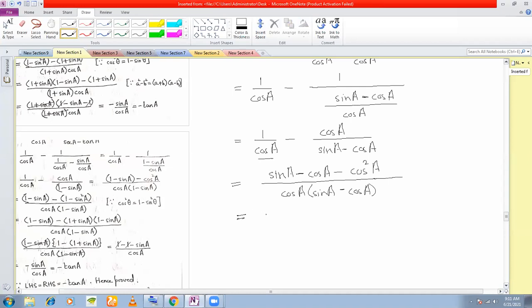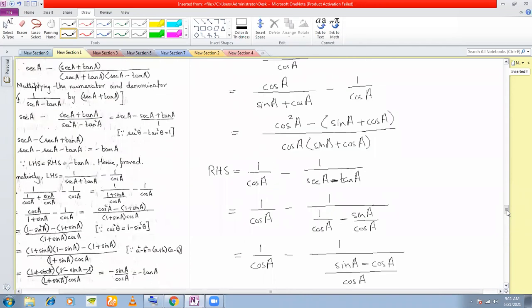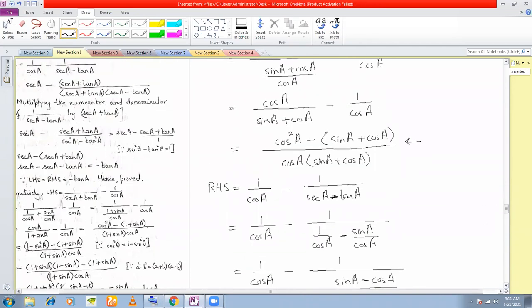So now what can you do? You can write this as minus. If you take it out, you get cos square A minus sin A plus cos A divided by cos A into sin A minus cos A. Because why did we take minus sign common? Because see here, I have cos square A first here, right? That's why.